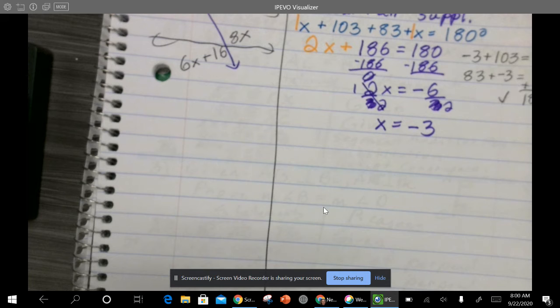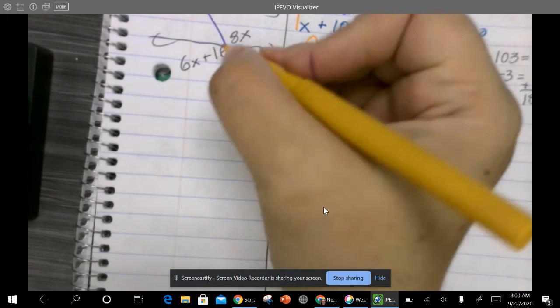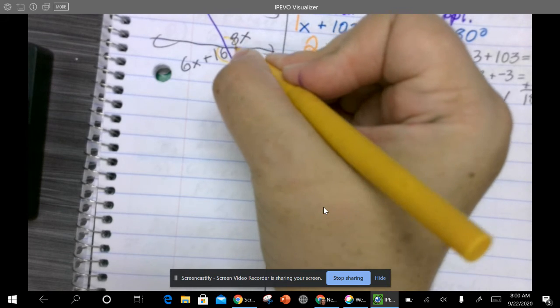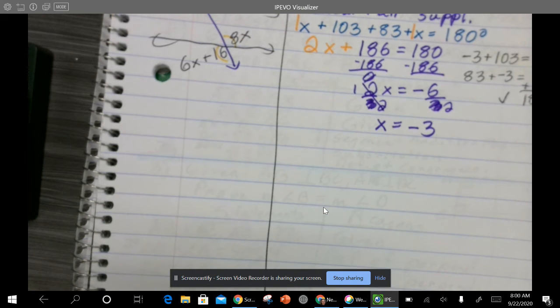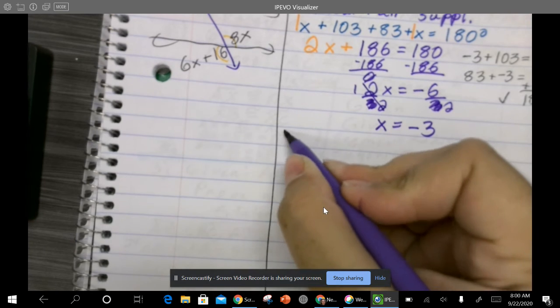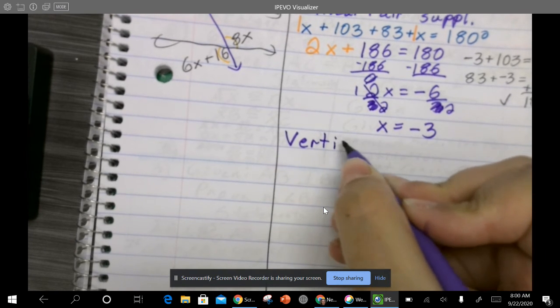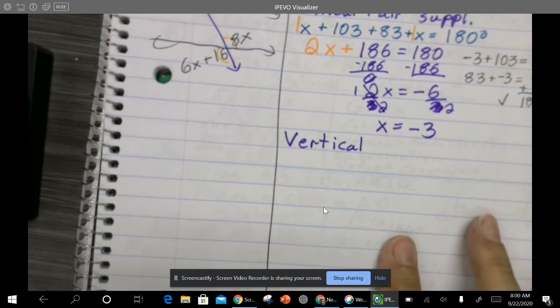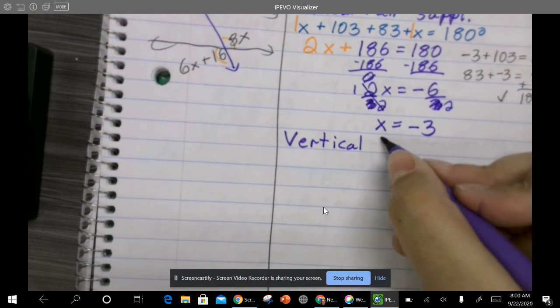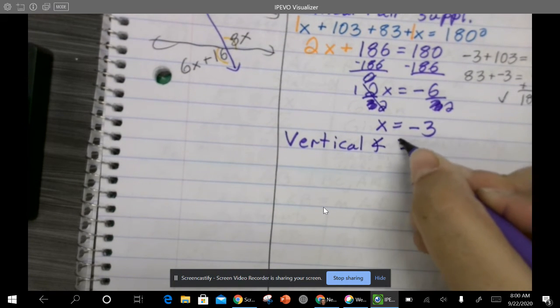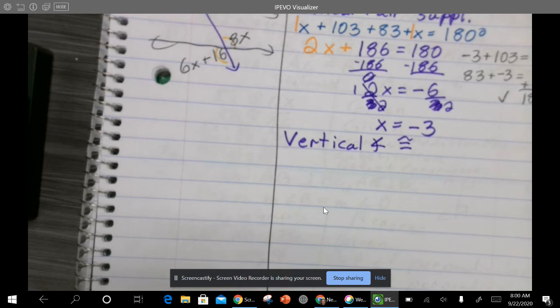Okay, so the angle relationship, everybody, for that one is that they are across from each other. So those are vertical angles, which means that they're congruent, which, remember, we had in our proof.